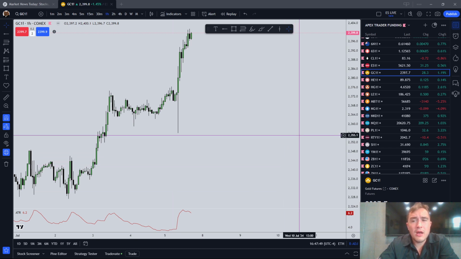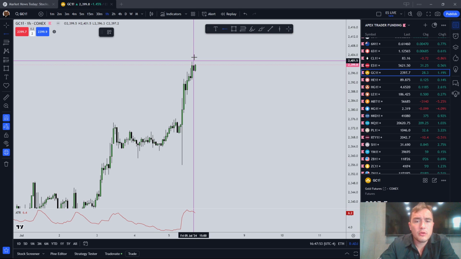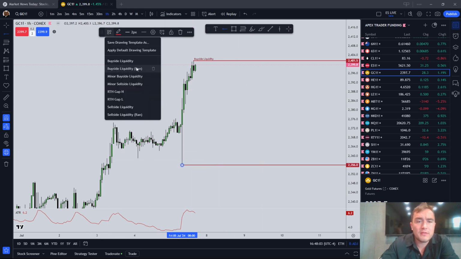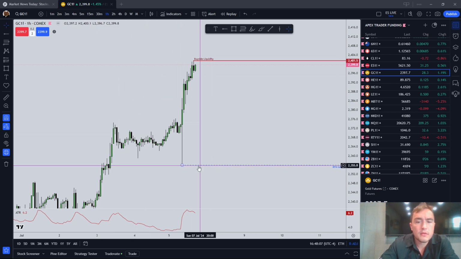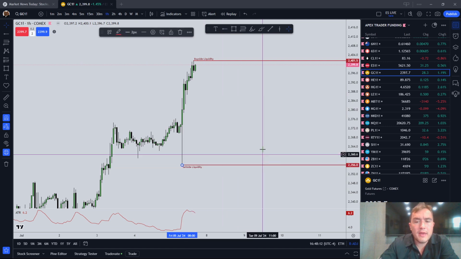Okay guys, so now we are here on gold, and I'm going to outline gold for you real fast. So buy side liquidity here up at 24.01 spot 50. Sell side liquidity is going to be located here at 23.56. So that's sell side liquidity. Marking that as sell side liquidity.